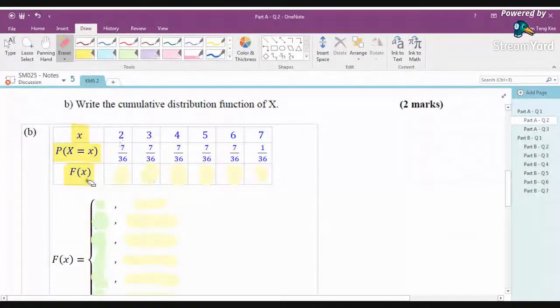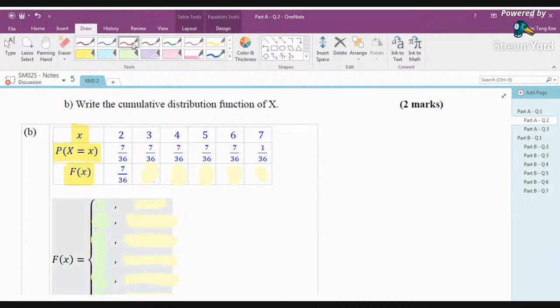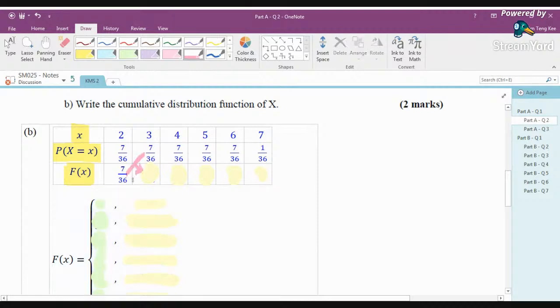How we construct the capital F is that we start with the first value of X, 7/36. Usually the first value, the P and the capital F will be the same. So here will be 7/36. Follow? The second value for capital F, we take these two values and add them.